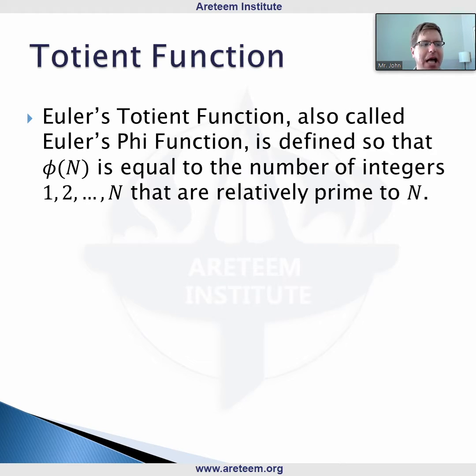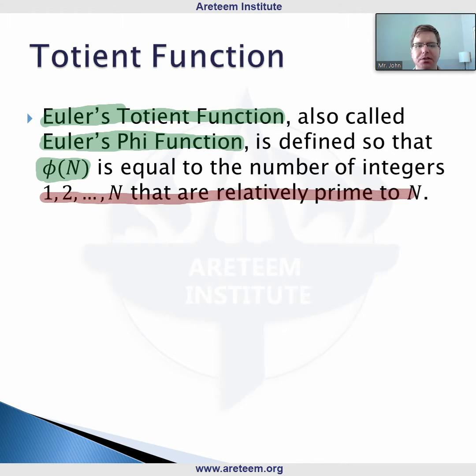This is exactly what we did in the previous example. Officially, it's the Totient function, but sometimes you'll hear it talked about as the Phi function, and it's written with phi, so that's where the name comes in. It's defined as counting the number of relatively prime integers from 1 to n for that number n.